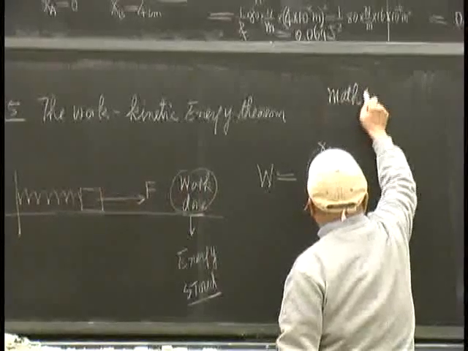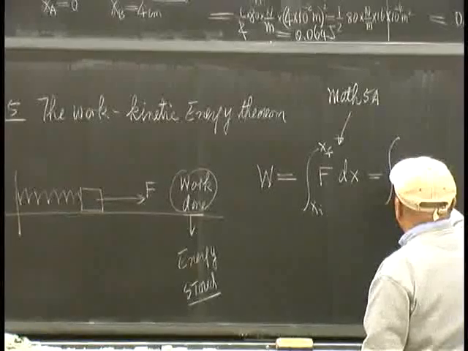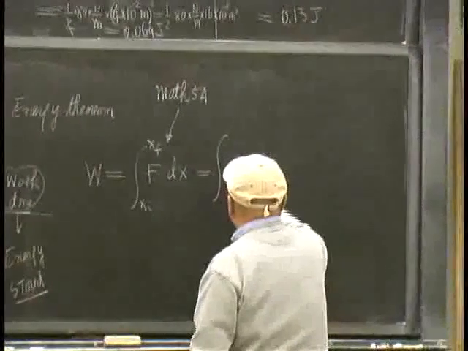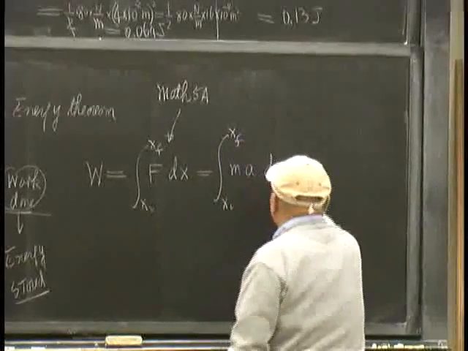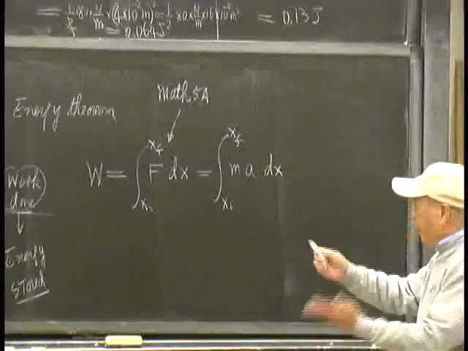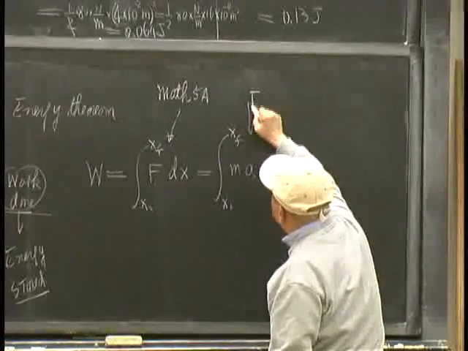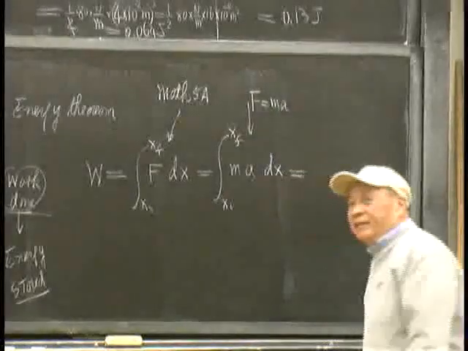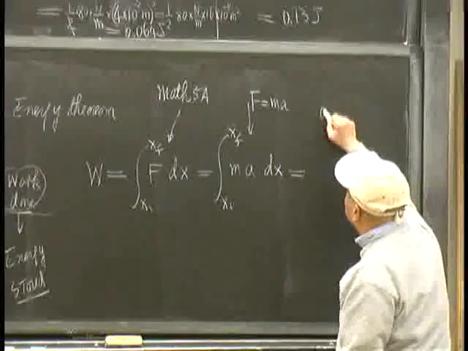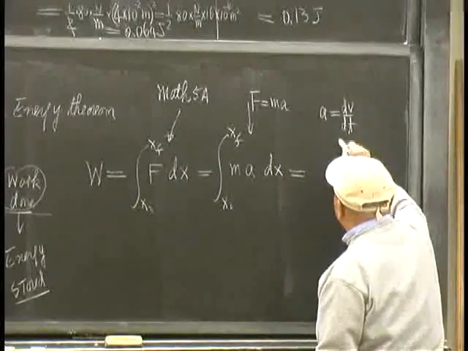Calculus, Math 5A basis. Okay, now there's F equals ma. So F is equal to ma. And then what is a? a equals the time rate of change of velocity.